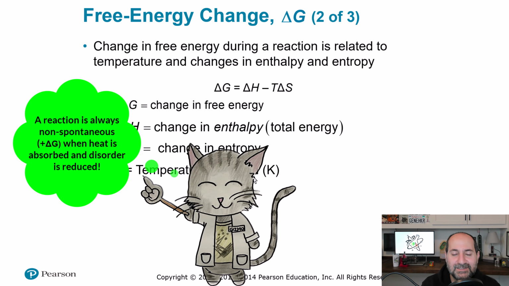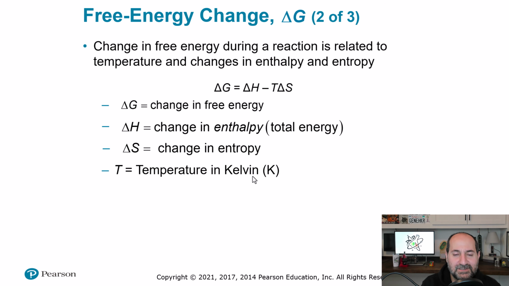And then do you remember we discussed two situations in which delta G could go either way based on the values of H, T, and S? So you do not know necessarily if a reaction is spontaneous if it gives off heat and it decreases disorder.